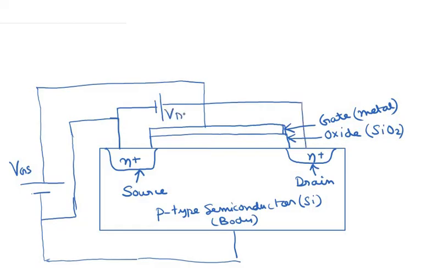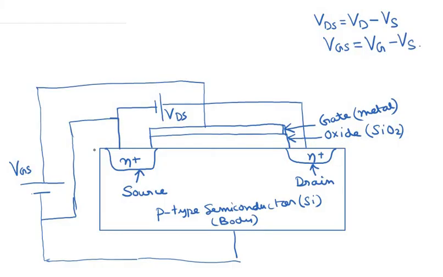By now it should be clear why this voltage source is known as VDS, because it is the potential difference between the drain and the source. So VDS is the potential at the drain, VD, minus the potential at the source, VS. Similarly, VGS is the potential of the gate minus the potential at the source.